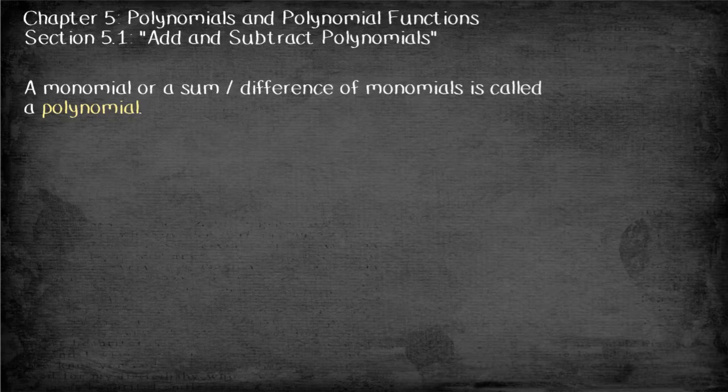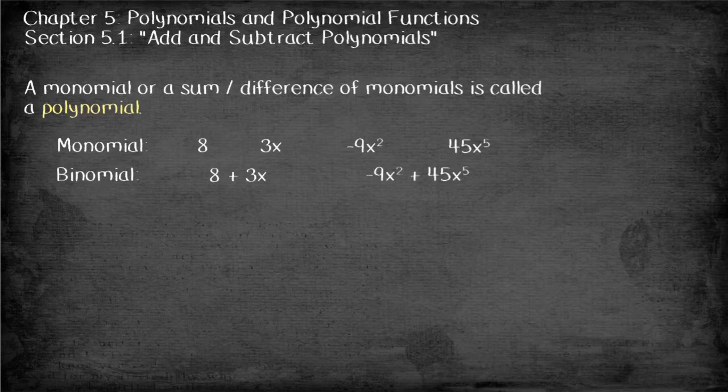Now, if you take a monomial or a sum and difference of monomials, you get what's called a polynomial. The monomial has one term because of the word mono meaning one. Binomial has two terms, right, like bicycle.